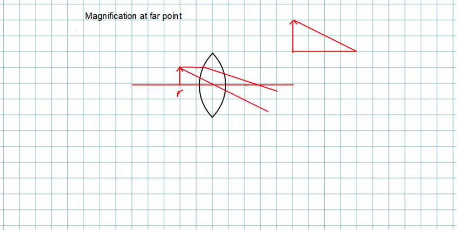These two rays, as we extend, will meet at infinity, and hence give rise to an image which will be at infinity. Hence, this is the ray diagram for the image to be formed at infinity, correct. So, this is the far point adjustment for the simple microscope, correct.